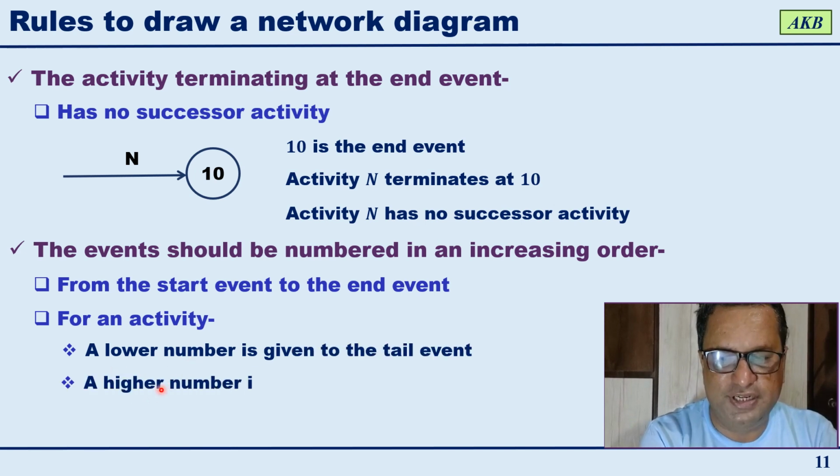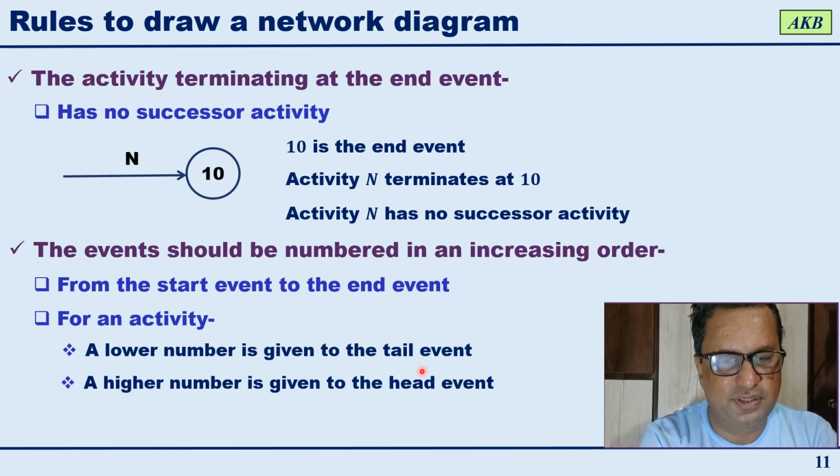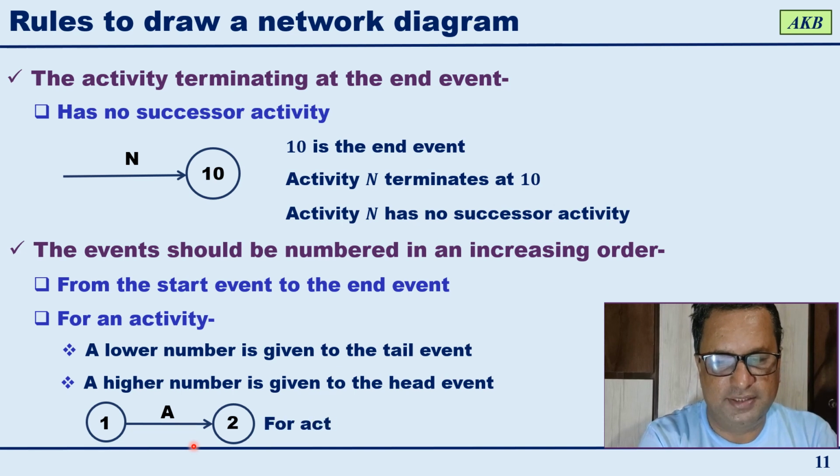For an activity, a lower number is given to the tail event and a higher number is given to the head event. Now we are talking about an activity. So for example, let us again talk about activity A. For activity A, 1 is the tail event and 2 is the head event.